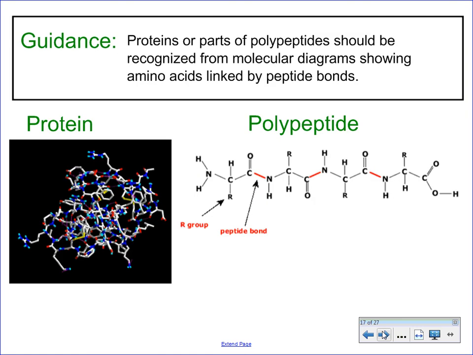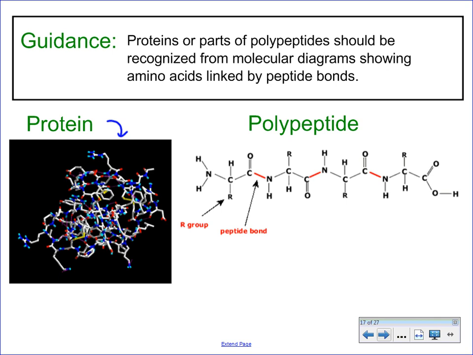You should also be able to recognize proteins or parts of polypeptides. Recognize that these would be made up of amino acids. A three-dimensional diagram is shown of a rather simple protein, but even the rather simple ones are complex.